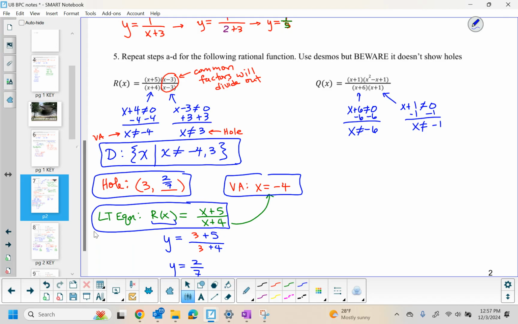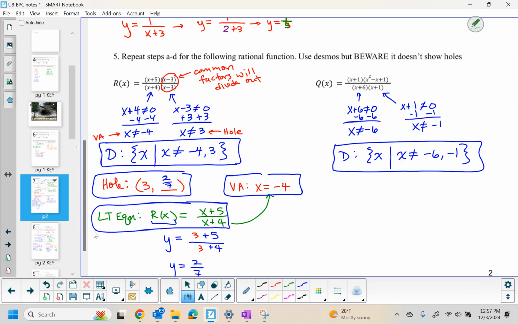And then I will say that my domain is x such that x cannot equal -6 or -1. And then my lowest terms equation, it might be easier to write the lowest terms equation first. So q of x equals x squared minus x plus 1 over x plus 6.